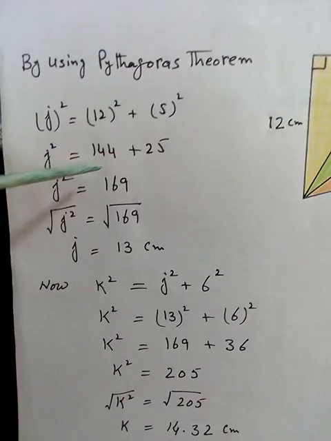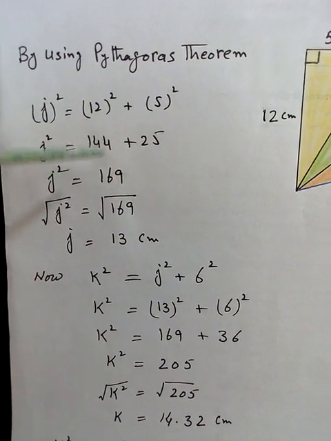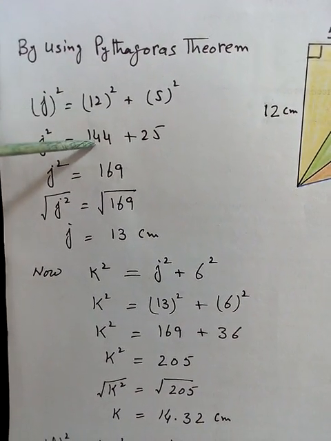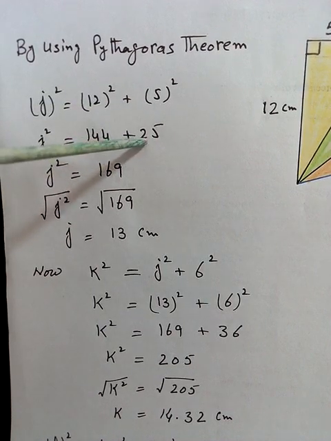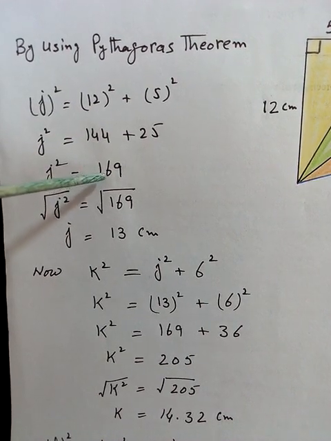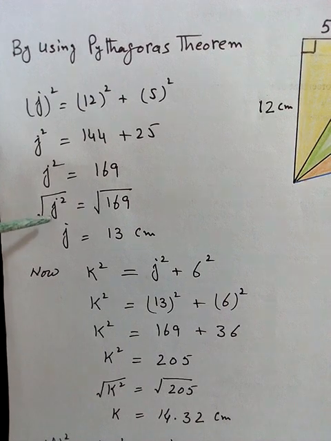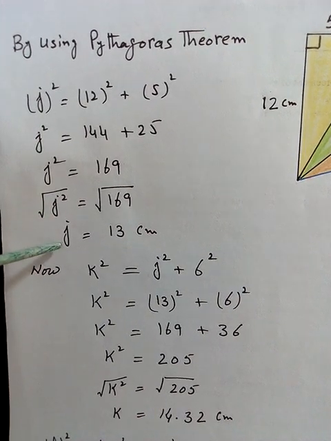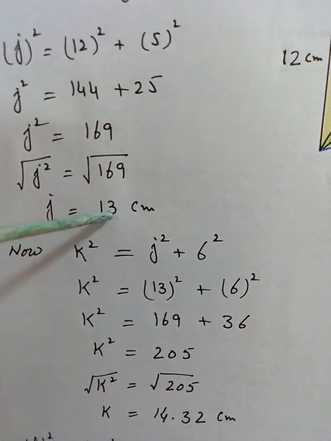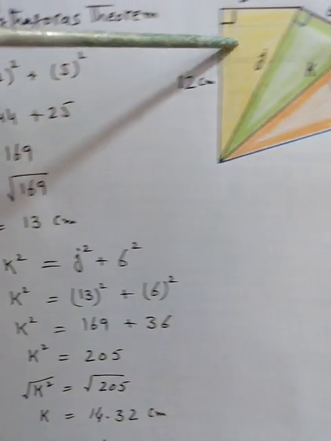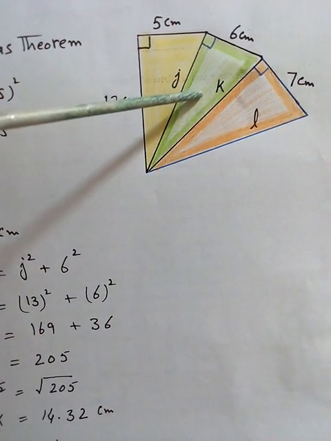By using a calculator, students, you can find 12 square is 144, plus 25. Their sum is 169. Now by taking the square root on both sides, the value of j is 13 centimeter. Now come to the middle triangle.